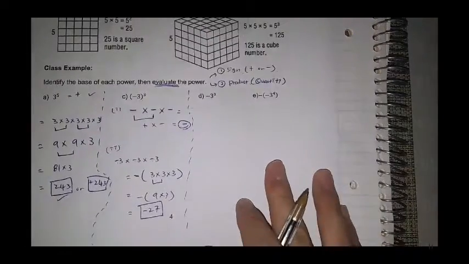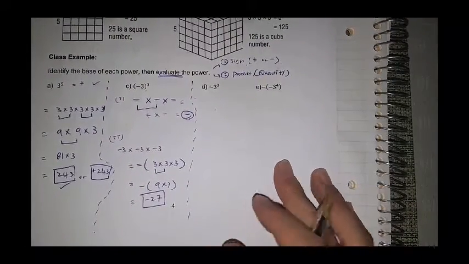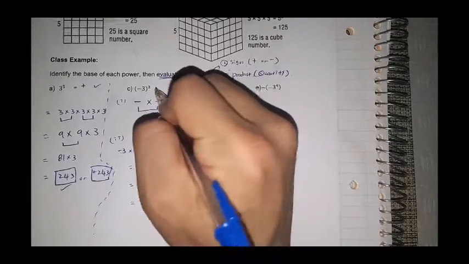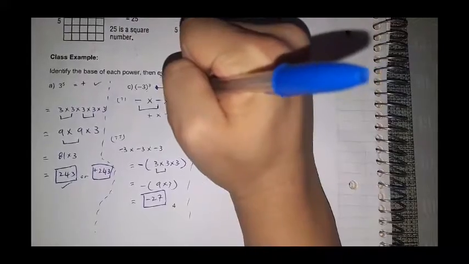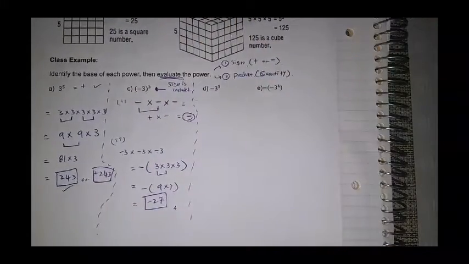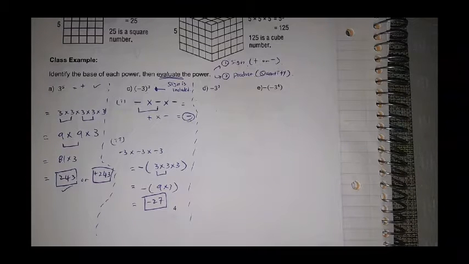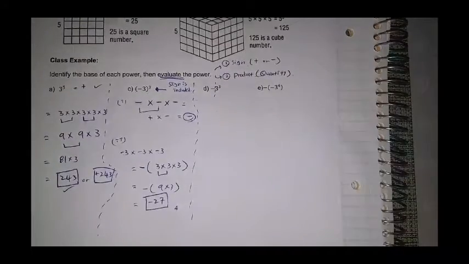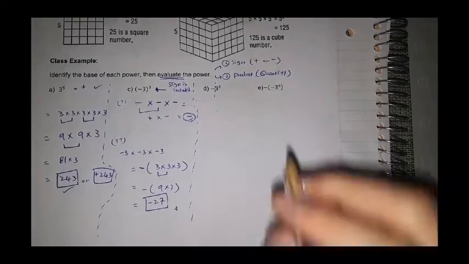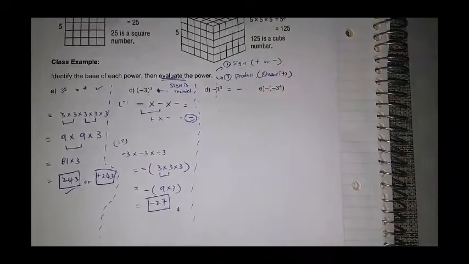Next one. This time it's quite tricky. In the previous example, the sign was included, ladies and gentlemen. But in the next example, you will notice the sign is not included. That is a fancy way of saying this negative and 3 are independent. The negative is just by itself, which gives you the idea the answer will be negative.